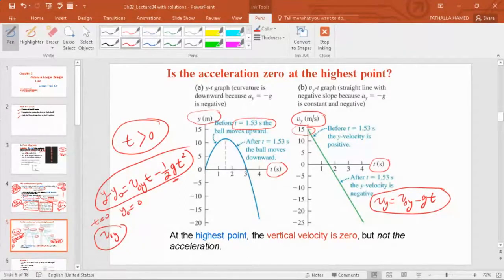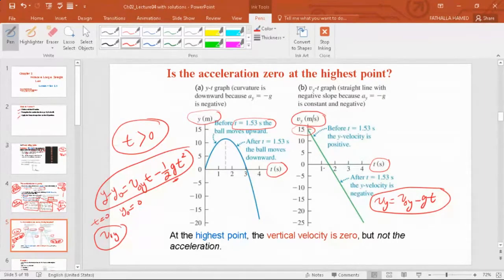So it's a positive y component of the velocity. That means you're throwing something up. And that's why, if you go back here, it's going up, and then it reaches the maximum height and then falls down. So in this particular situation, you have a positive initial velocity, and that's why you're throwing something up.